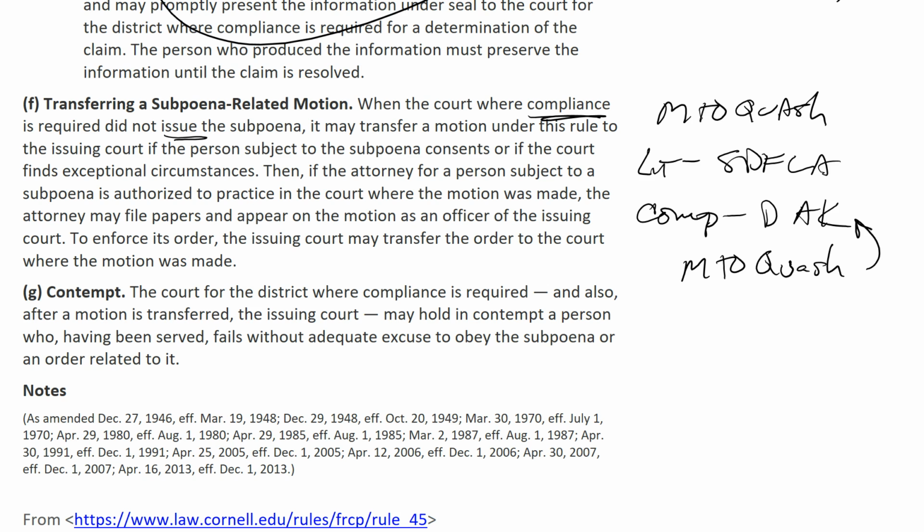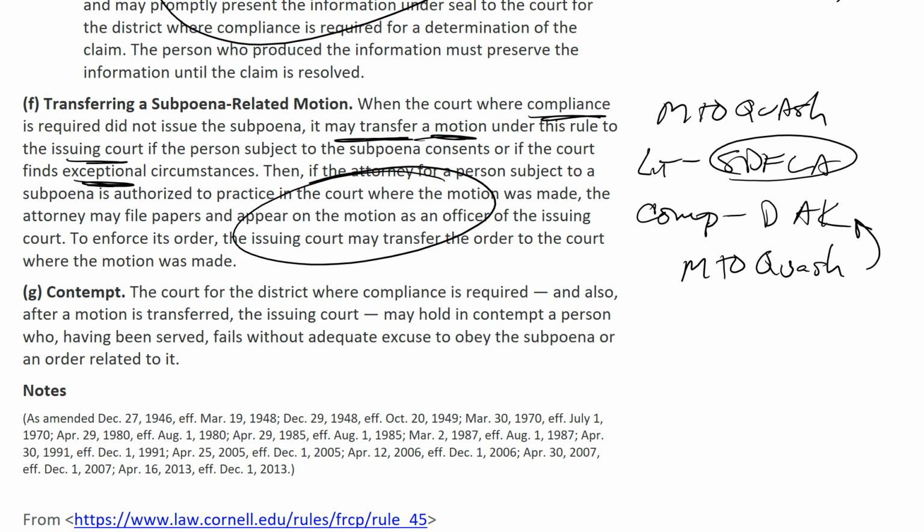Well, what this does is it allows the District of Alaska to transfer the motion to quash to the issuing court, Southern District of Florida, if the person subject to the subpoena consents or the court finds exceptional circumstances. And then what this here does is allows somebody who's licensed in the District of Alaska to then appear and practice in the Southern District of Florida and to continue to litigate on that motion to quash.